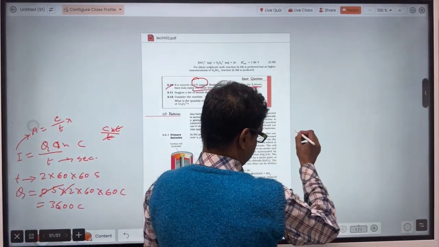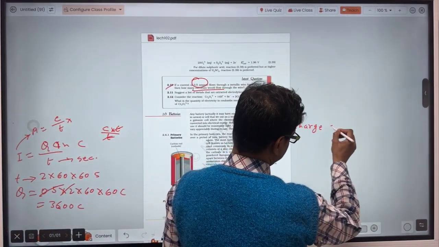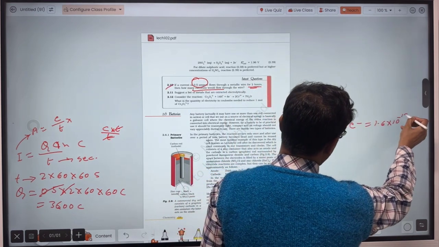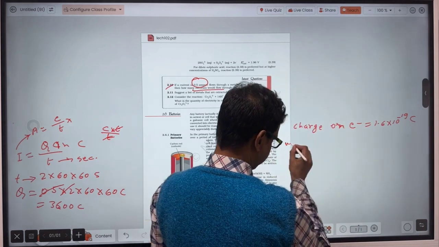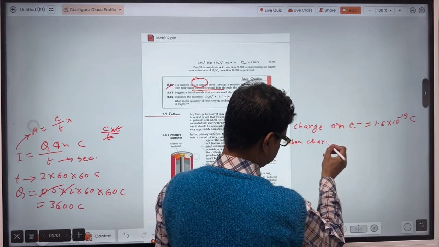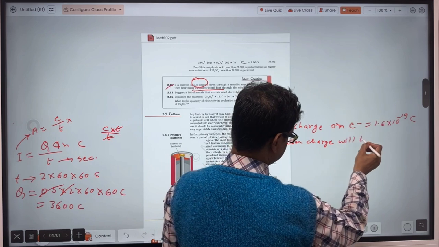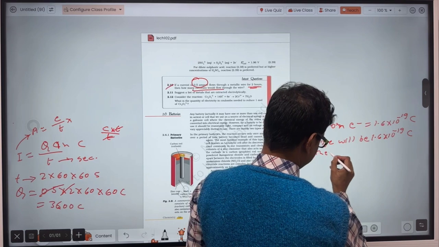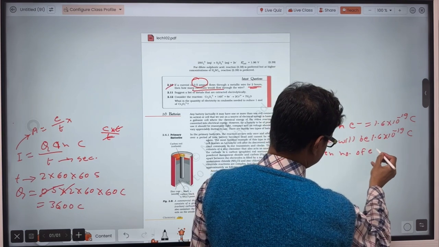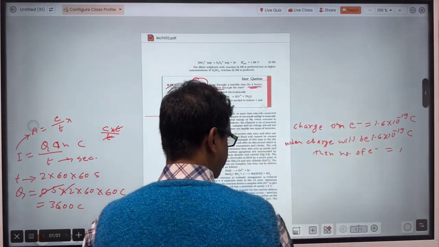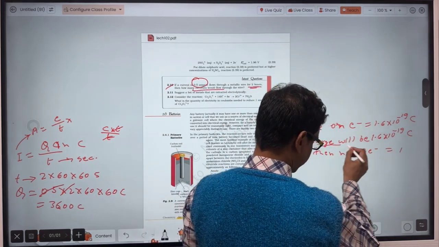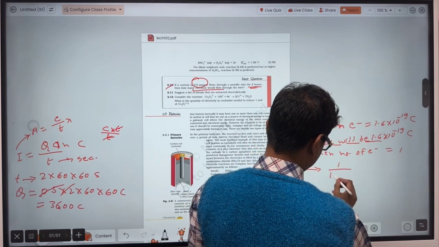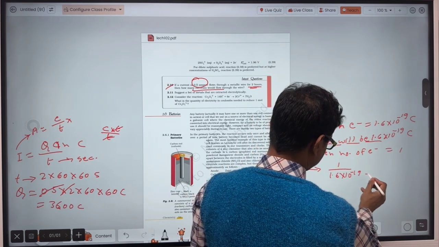Now, what is the charge on an electron? The charge on an electron is 1.6 into 10 to the power minus 19 coulomb. When the charge is 1.6 into 10 to the power minus 19 coulomb, the number of electrons is 1. So when the charge is 1 coulomb, the number of electrons will be 1 upon 1.6 into 10 to the power minus 19.